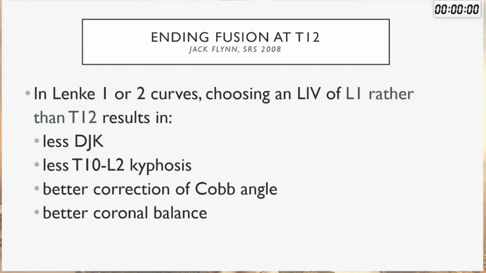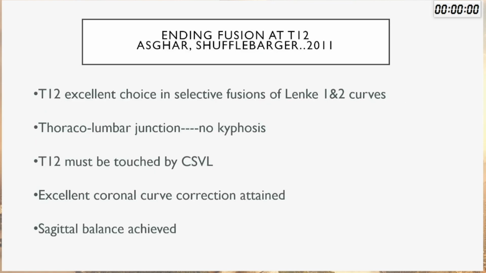SRS Flynn posted that we should never add a T12, because if you stop at L1, as Dr. Banna was saying, you have less DJK, fewer kyphotic problems, better correction of the Cobb, and better coronal balance. However, later on, Shufflebarger proved that T12 is a good choice for Lenke 1s and 2s.